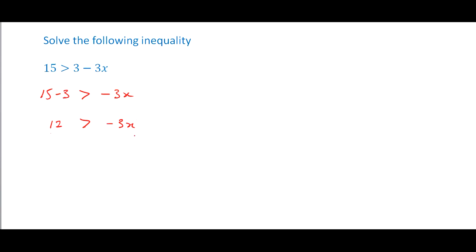Now whenever you have the minus sign on the right hand side, when I say the minus sign, the x term, we can do two things. We can move the 3x to the left side, and it becomes 3x is greater than minus 12, right? Or x is greater than minus 12 over 3. Therefore, x is greater than minus 4.